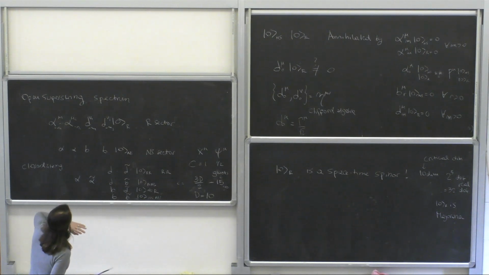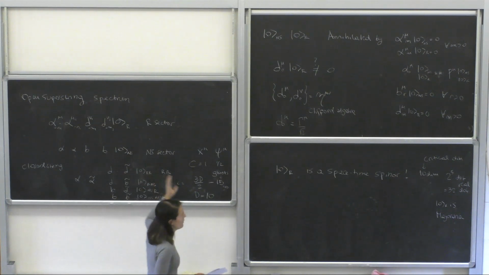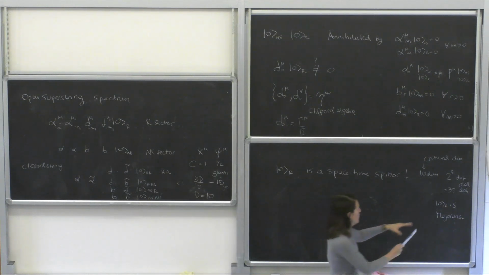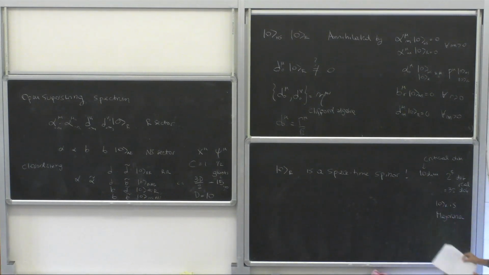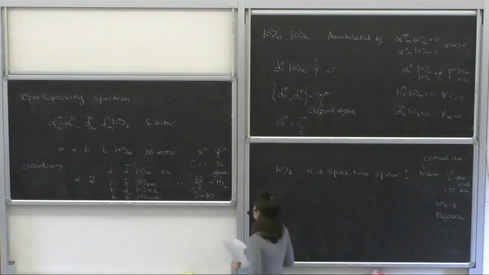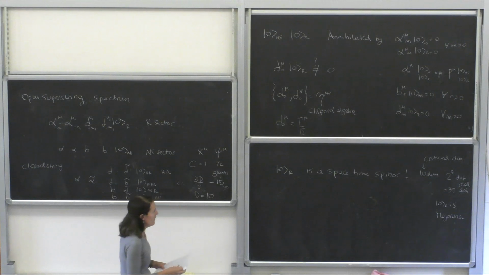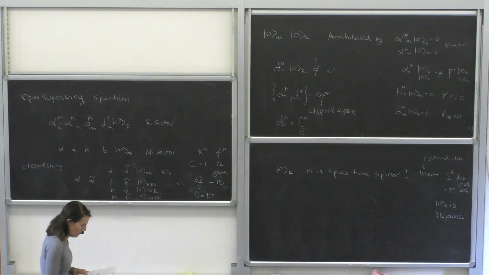I guess it's not so straightforward to see that this is Majorana. It's easier to believe. To see that in principle this is not Weyl is less straightforward. But that's what it is, and again, eventually it will be Weyl.